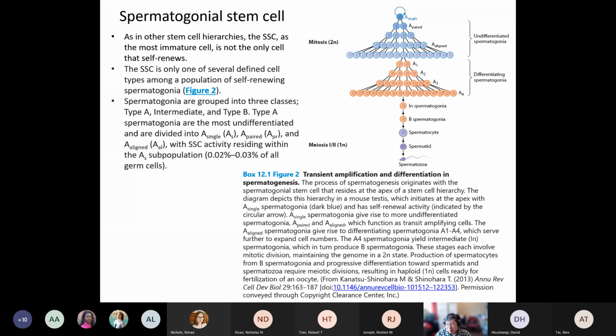Even though they're all called stem cells, you probably will have the most immature stem cell, but when the most immature one differentiates a little bit and gives rise to other cell types, those other cell types are still considered stem cells because they can still self-renew and differentiate. So you have different tiers of stem cells within the hierarchy.